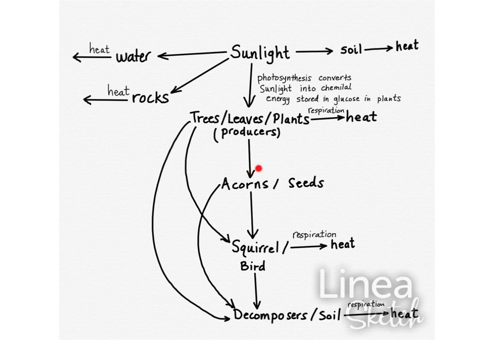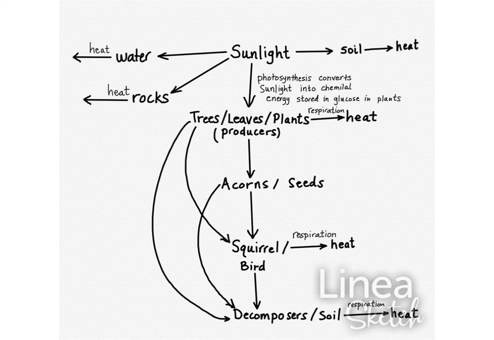So it can be stored as chemical potential energy in acorns and seeds. And that energy packet that's in an acorn or seed is there for a potentially developing plant. Those seeds and acorns can be dormant for a number of years even, and that energy can be unused for that time. Also, trees are consumed by other consumers, right?